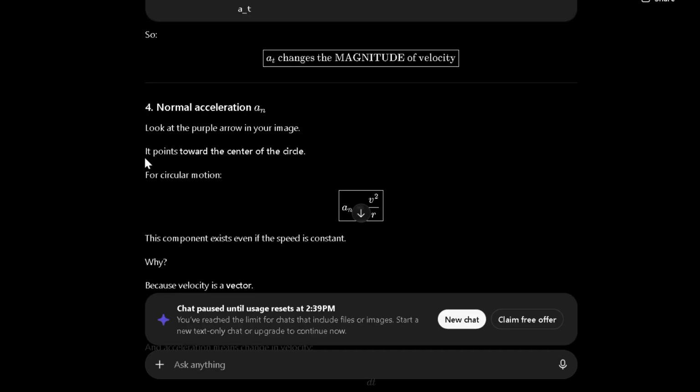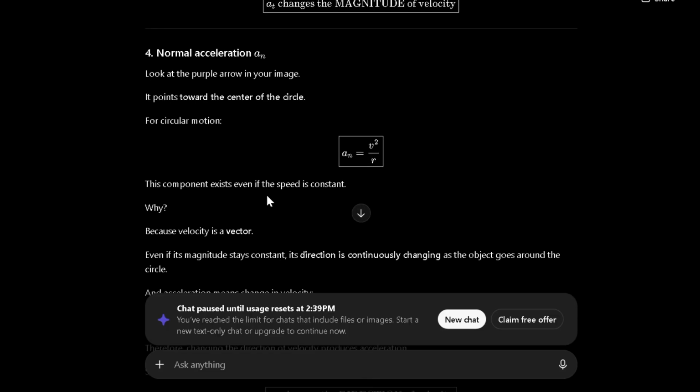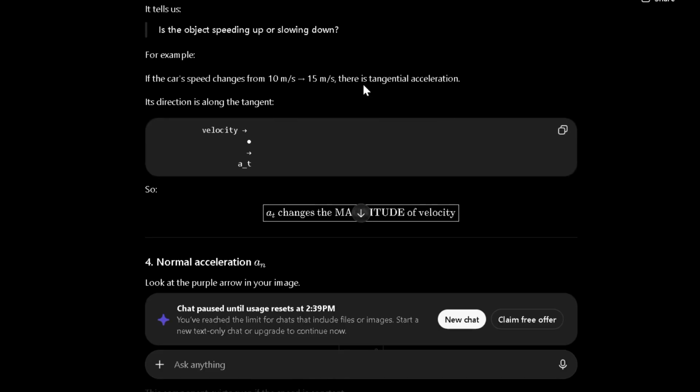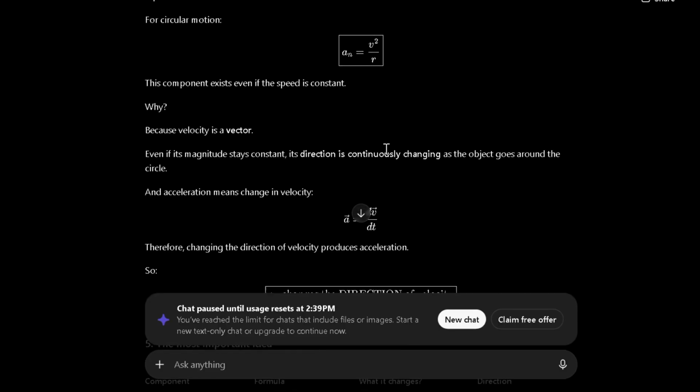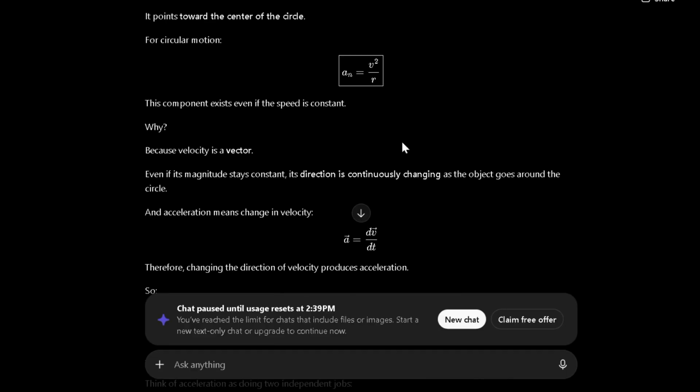Look at the purple arrow in your image. It points towards the center of the circle for circular motion. a_n equals v squared by r. This is not the derivative of the magnitude of velocity. This component exists even if the speed is constant. Why?